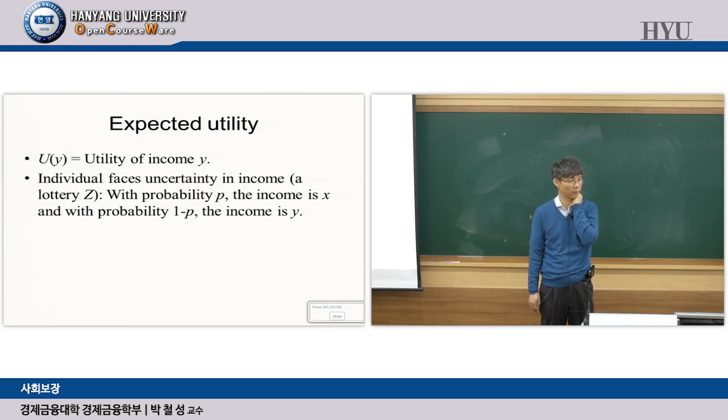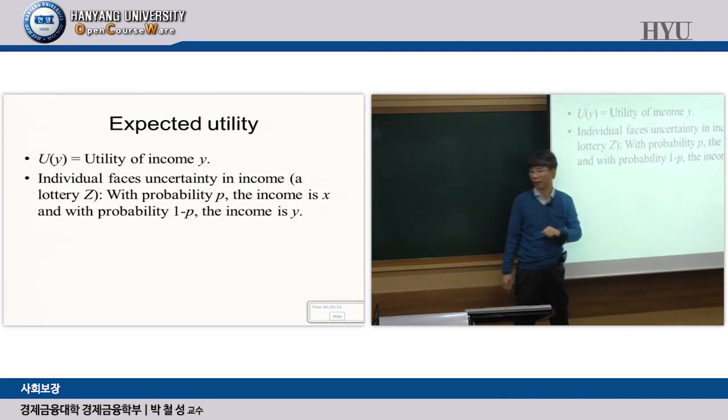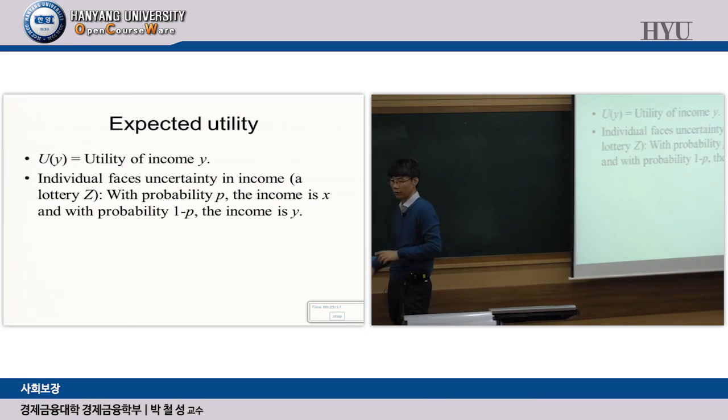Okay, what is a lottery? A lottery is like flipping a coin. You flip a coin, you get head or tail, and then your outcome is determined by whether it's head or tail. Okay? So, with probability P, the income is X.